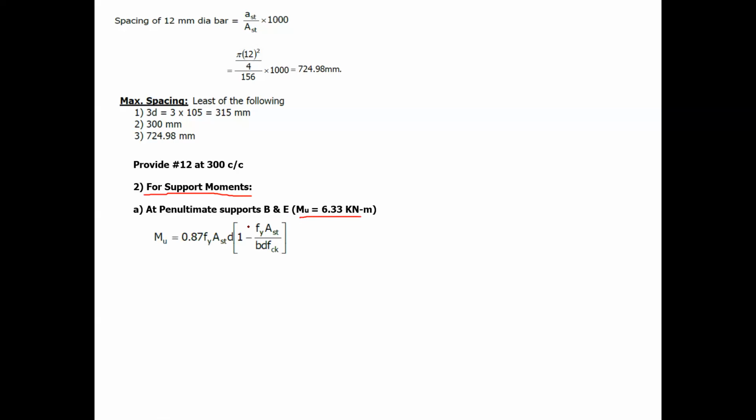So you have formula as per the codal provision IS 456 2000 page number 96. Mu is equal to 0.87 fy Ast d into 1 minus Ast fy divided by fck b d. So now substitute and calculate AST.